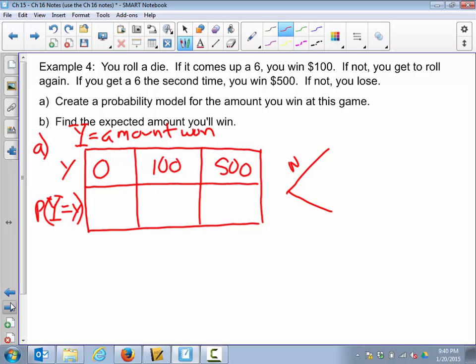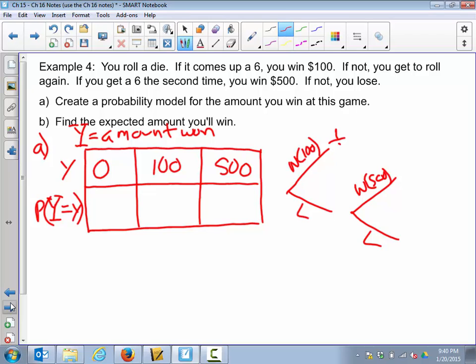Well, on the first roll of the die, you can win. If you win on the first roll, you get $100, or you can lose, okay? And then, let's see, if you don't win, you get to roll again, but they don't specify that you can roll a second time if you've already won. So you can either win $500 on the second roll, or you could lose there too. Okay, well, if it comes up as 6, you win $100.